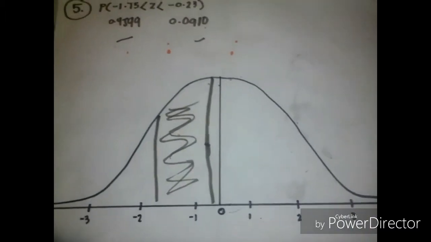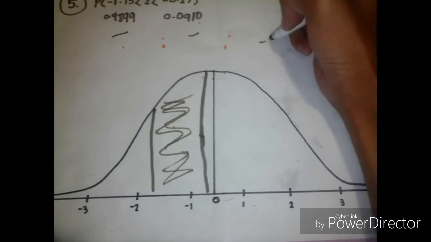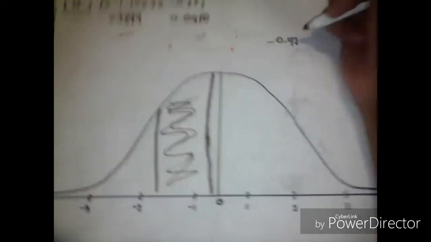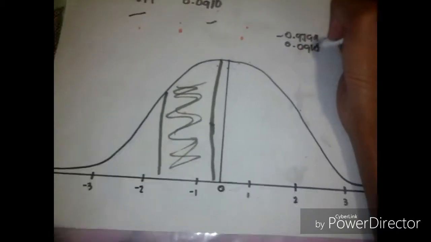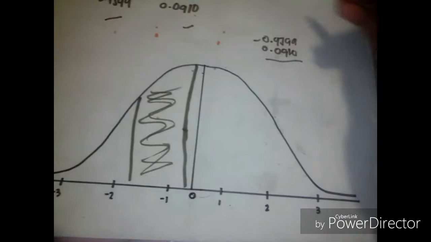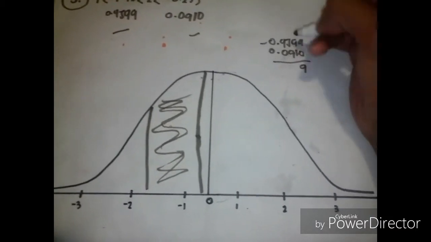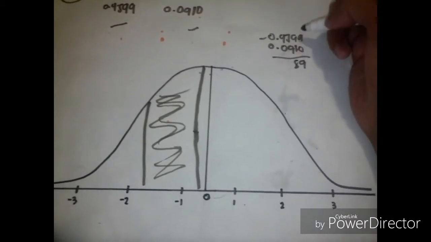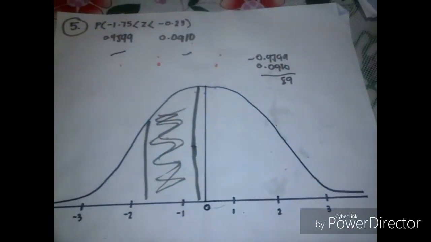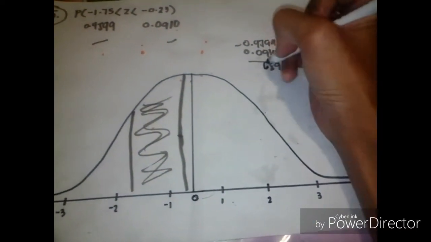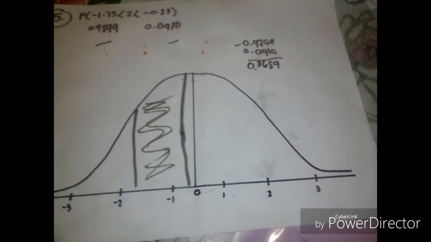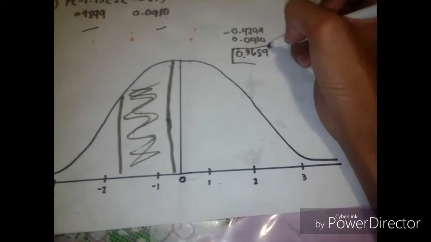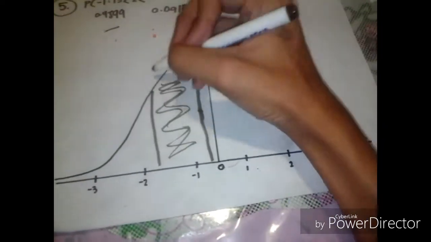So for now, we need to subtract 0.4599 and 0.0910. So the final answer is 0.3689 of this area.